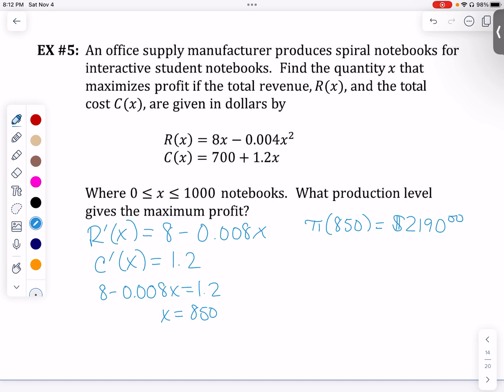I also want to make sure, thinking about those 1,000 notebooks, if x were 1,000, my marginal revenue would be $0. Doesn't seem like a great amount of revenue. Okay, so producing 850 spiral notebooks will maximize profits.